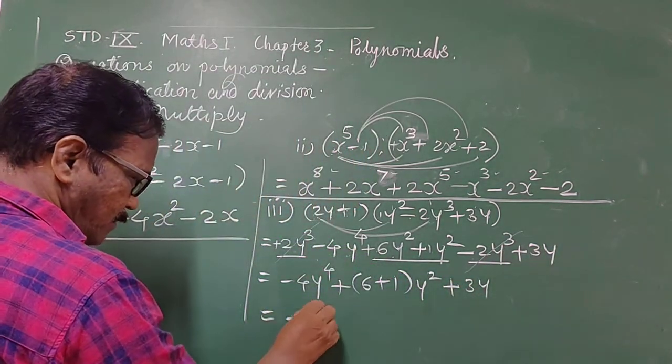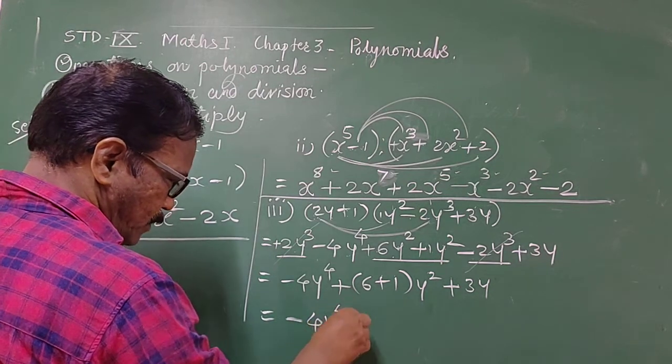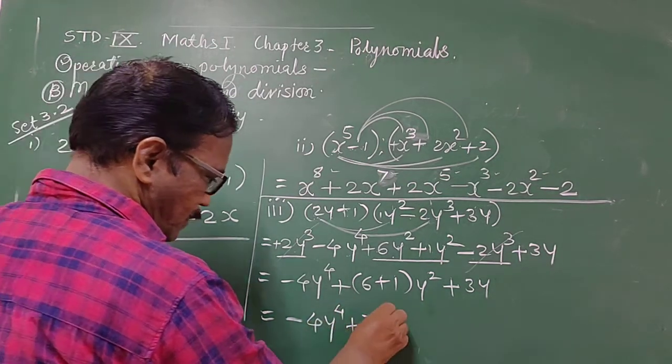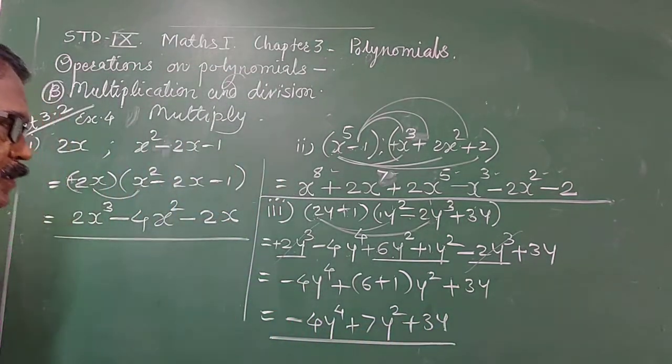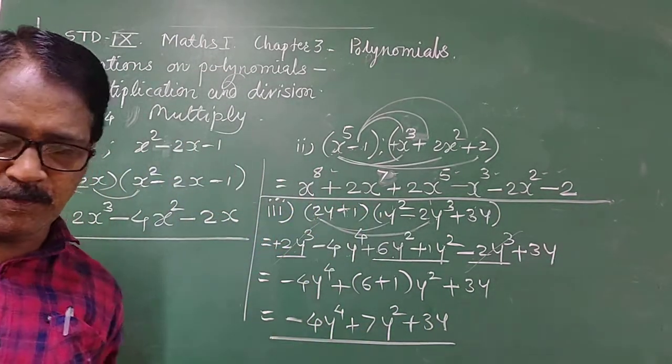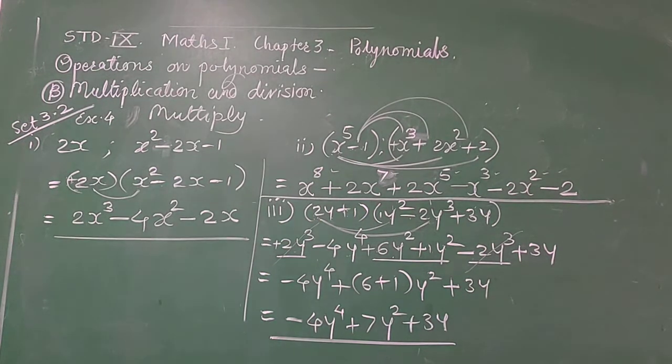So the answer is minus 4y raised to 4 plus 7y square plus 3y, the product of these two polynomials. In this way, these are examples in practice set 3.2.